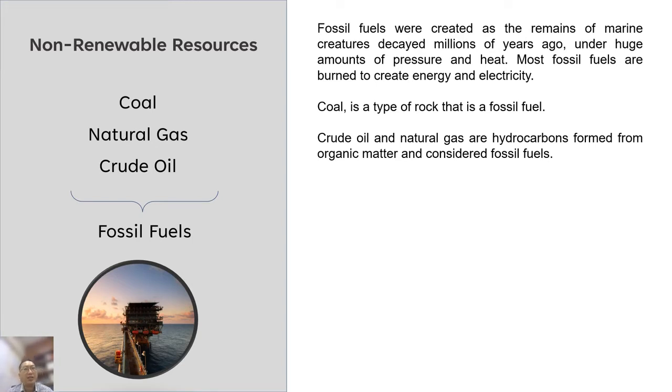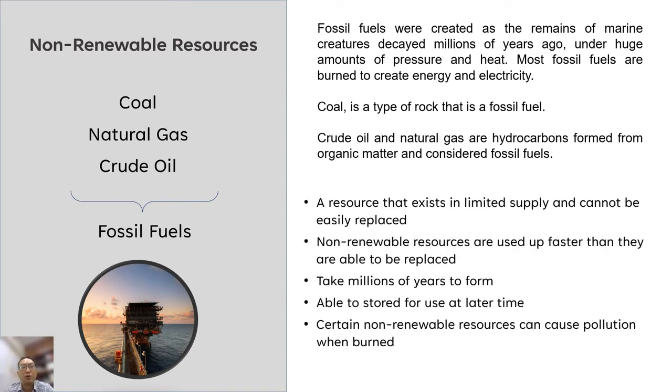The resources for non-renewable energy are mainly fuel from fossil deposits. Coal is a type of rock that is a fossil fuel, and crude oil and natural gas are hydrocarbons formed from organic matter and considered fossil fuels.